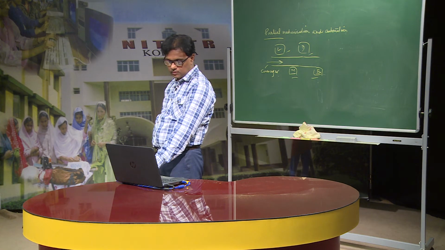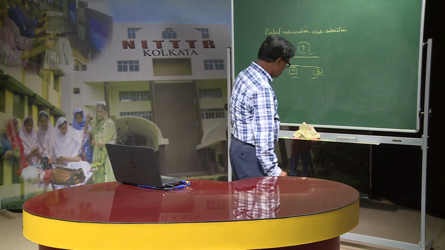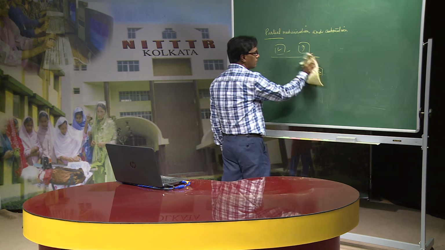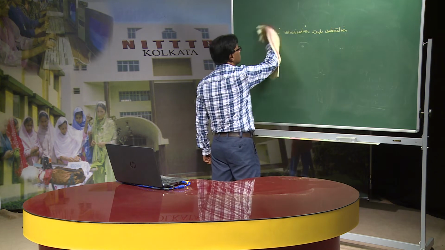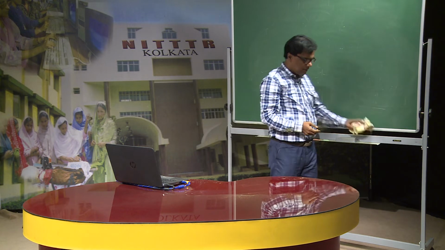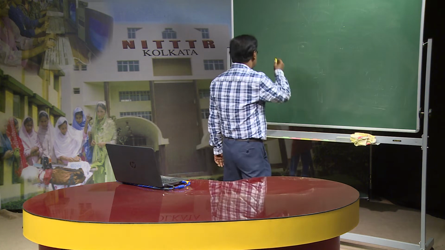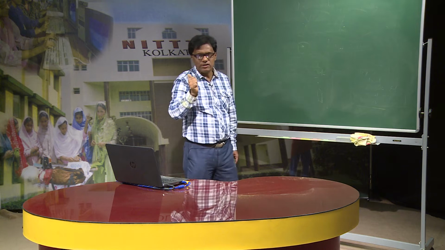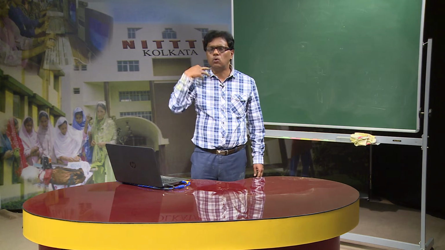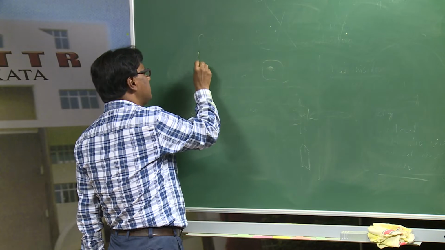Now, how to quantify this? In fact, in mechanization and automation, single unit automation, partial automation, full automation are characterized by numbers 1 to 10.